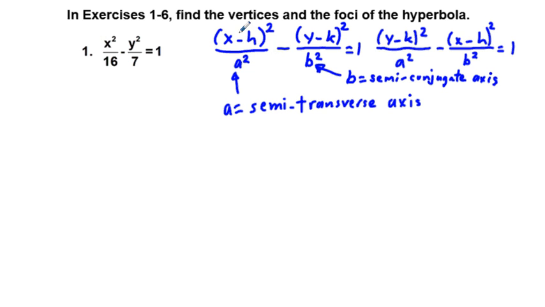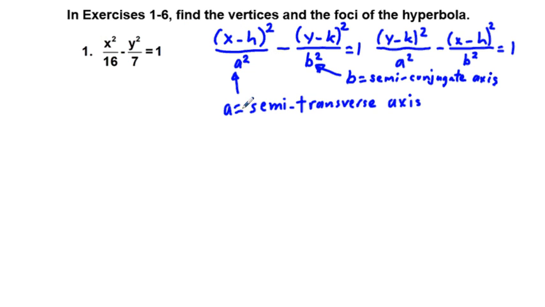And similarly, for the second form of the equation, the a underneath the y term is going to be the semi-transverse axis, and the b is the semi-conjugate axis. So let's go ahead and take a look at how this works.